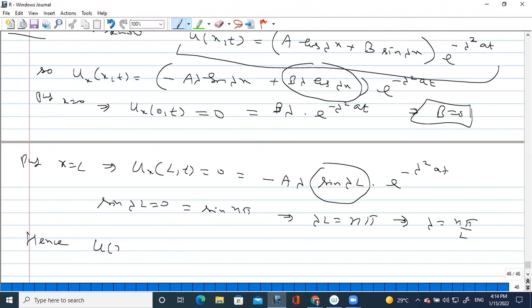So u(x,t) will be summation n equal to 0 to infinity a_n cos, in place of λ you write nπx by L, into e to the power minus n²π² divided by L² into c²t.